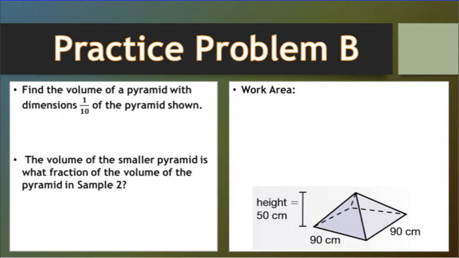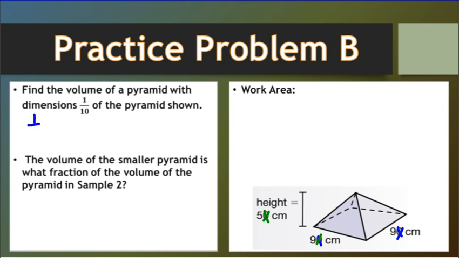Next one, find the volume of a pyramid with dimensions 1/10 of the pyramid shown. So the pyramid is to the right here, the same one as we had in our previous problem. The dimensions are 1/10 of it, so the base sides would be 9. I'm just dividing 90 by 10. The height would be 5.